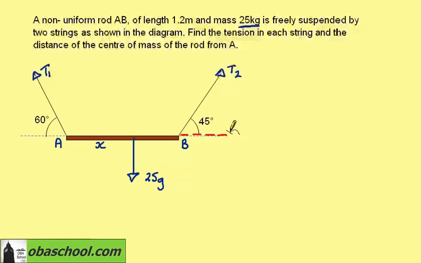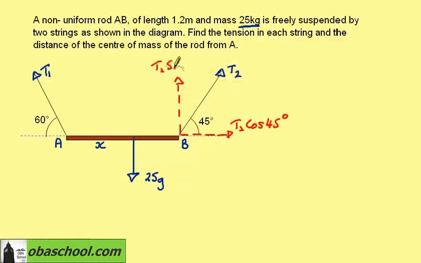Tension 2 has a component in this direction, which will be T2 times the cosine of 45 degrees. Note this side is adjacent to the 45 degrees. Adjacent over hypotenuse means cosine. Once we know this is the cosine, the component in this direction must be the sine.